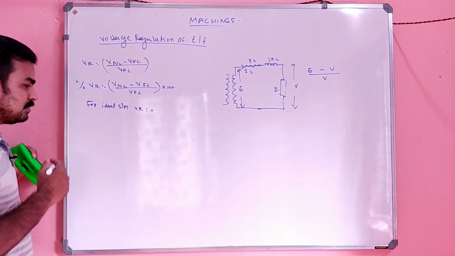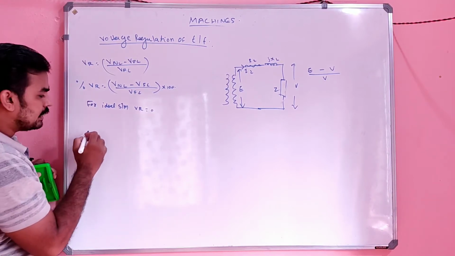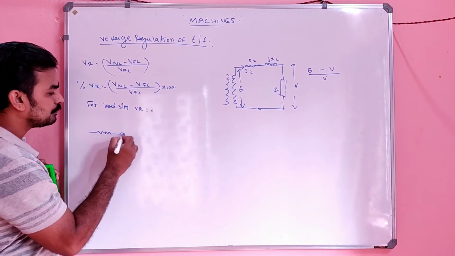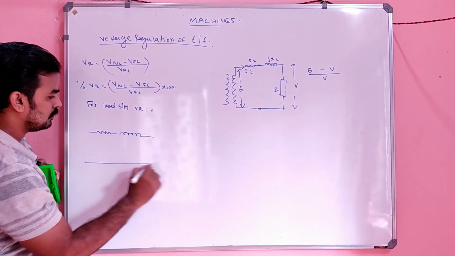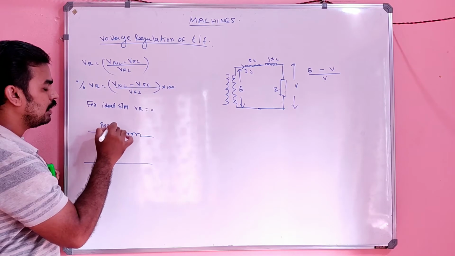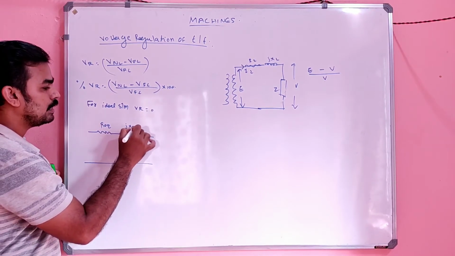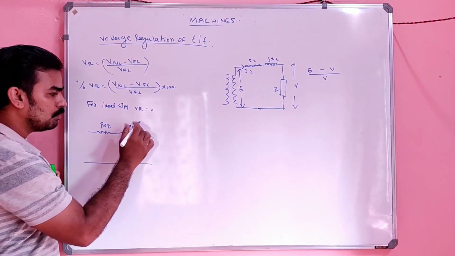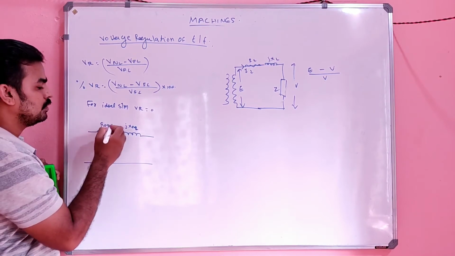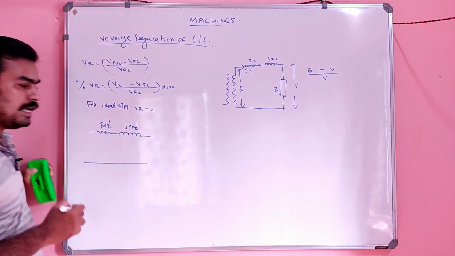So in a transformer, the equivalent circuit is nothing but R equivalent plus j into X equivalent, or R equivalent dash plus j into X equivalent.